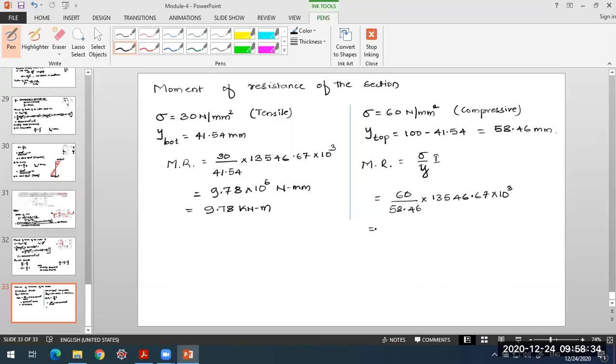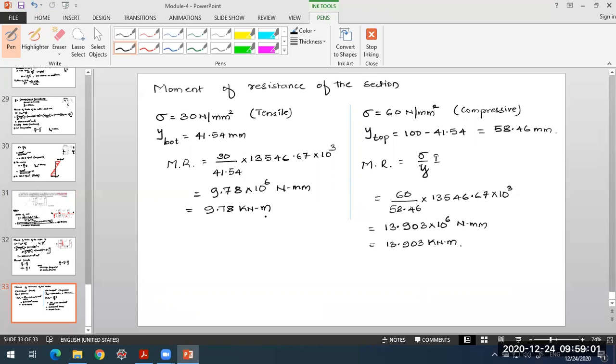So in this case, we have the value as 13.903 into 10 raised to 6 Newton mm, or we can also write it as 13.903 kilonewton meter.